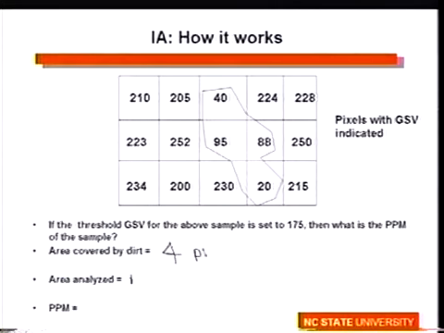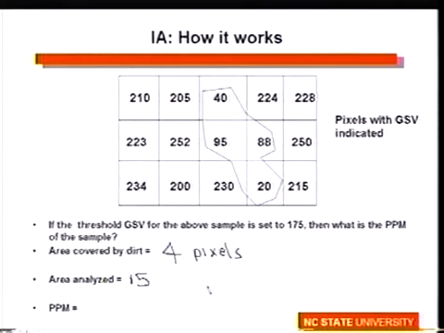4 pixels. That could correspond, depending on the resolution of the scanner, to certain millimeters or something like that. But we've got 4 pixels there. And then we can find out what's the area that we analyzed or scanned. Well, we've got an array here. It's 3 by 5. So we analyzed 15 pixels. So the area that we scanned is 15.